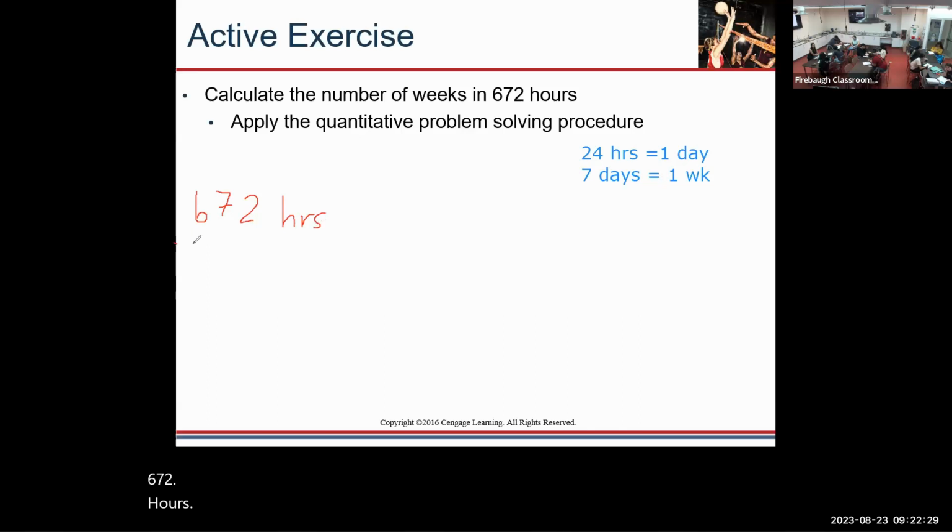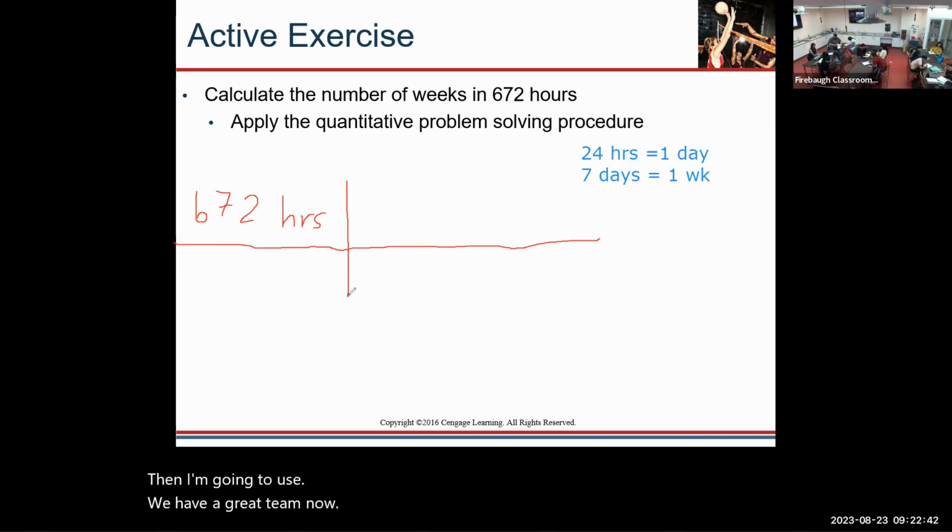Then I'm going to use, okay, so 24 hours on the bottom.